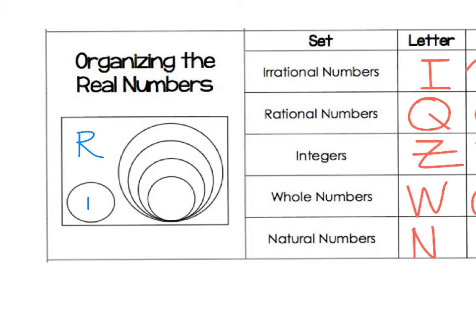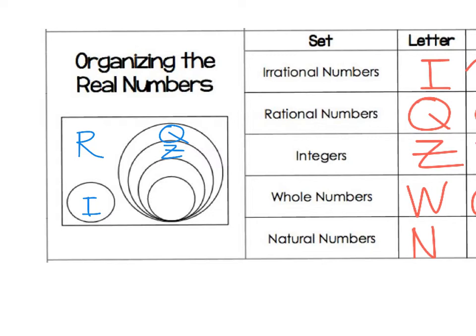So we're going to say this tiny little circle over here is irrational numbers because they're kind of on their own. They're their own separate thing. They're still real numbers, but they're separate. Then we've got rational numbers, and we're going to put that Q to represent rational numbers on the outside of our circle. Then we can say integers go within that because integers are also rational numbers and they're also real numbers.